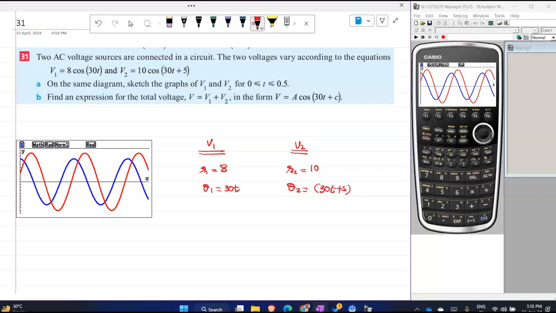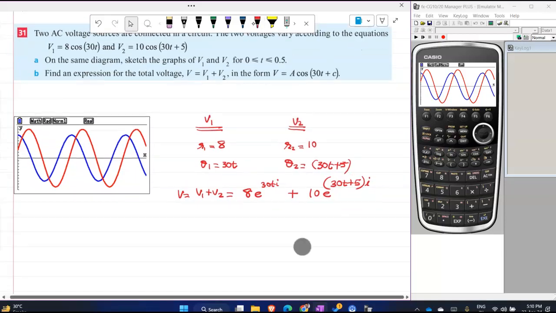So first thing is, when you're doing v1 plus v2, you write both of these in Euler form. 8 e raised to 30ti plus 10 e raised to (30t plus 5)i. This is 5. Now use law of indices.